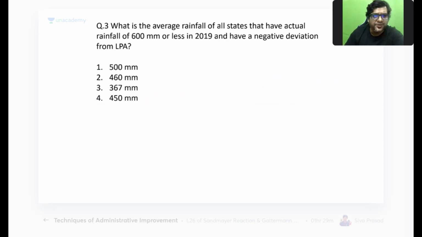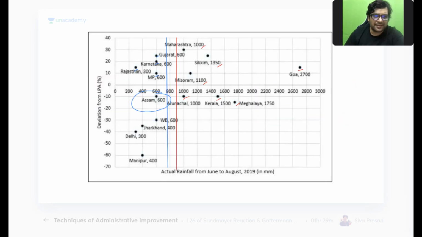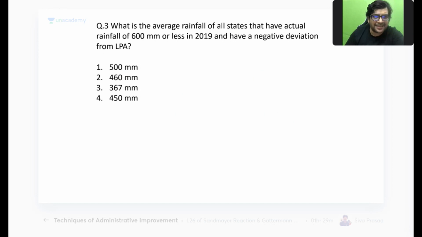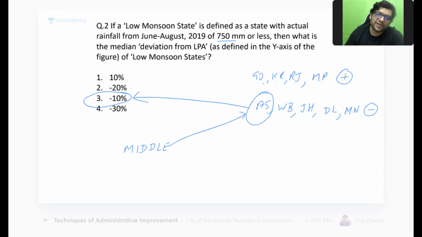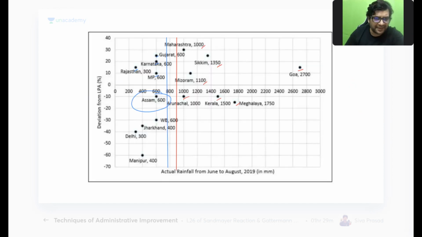Pretty simple, pretty straightforward question. What is the average rainfall of all states that have actual rainfall of 600 or less in 2019 and a negative deviation from LPA? So now it should be less than 600 and a negative deviation should also be there. 600 exactly chalega kya? 600 exactly is fine.